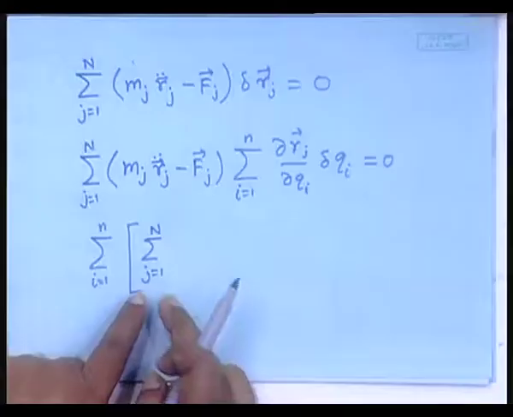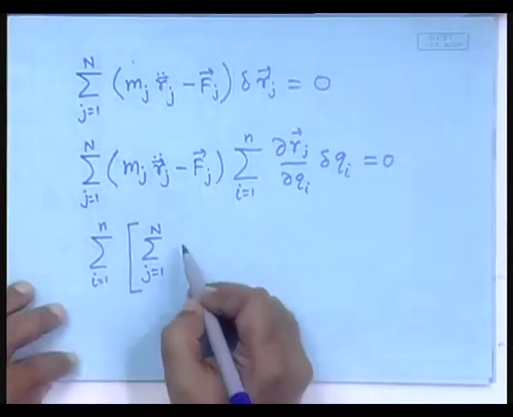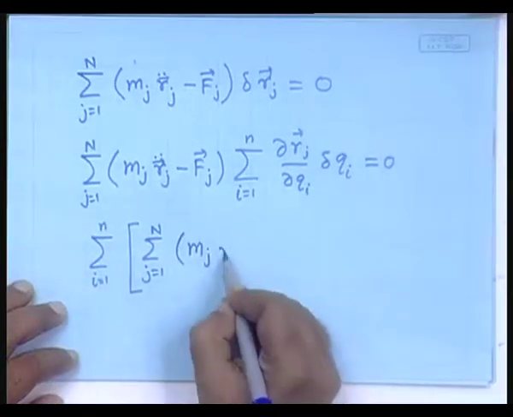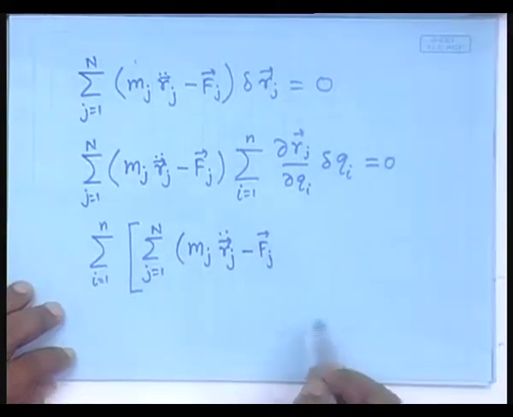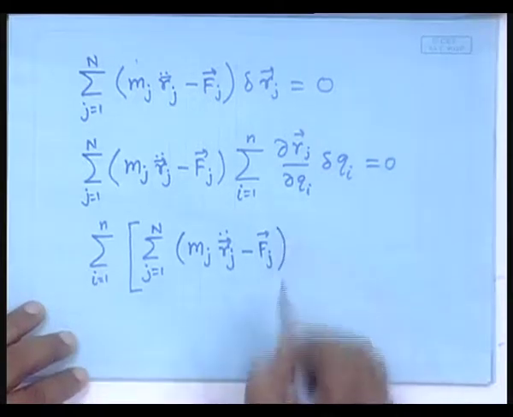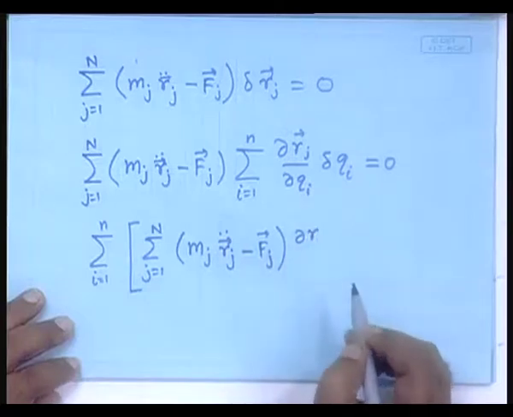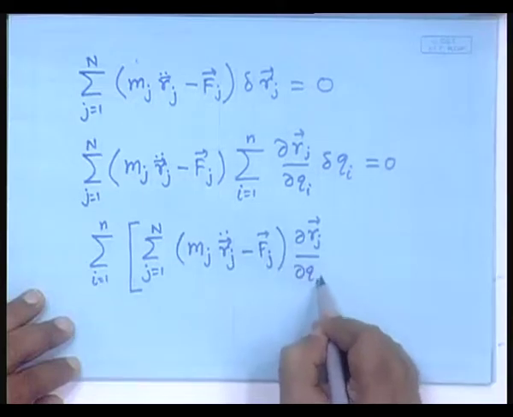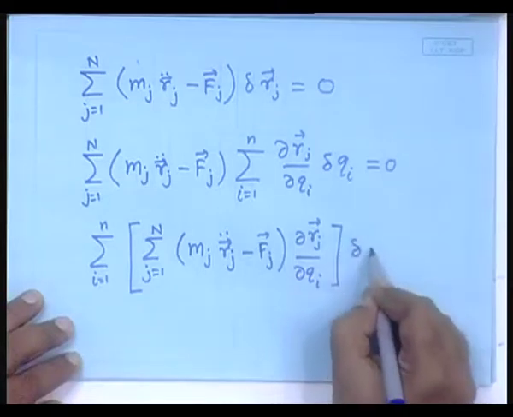The number of generalized coordinates, and summation over j is the number of bodies, two things. Then this term comes, m j r double dot j minus f j, and then this term, delta r j by delta q i.